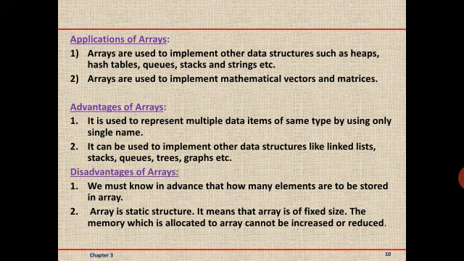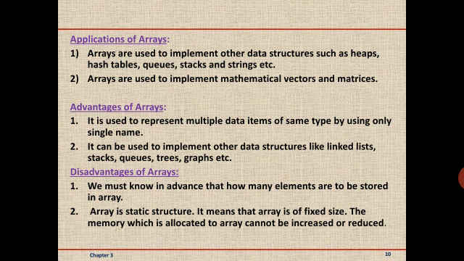There are a few advantages as well as disadvantages of arrays. So let us remember what the disadvantages are. The first disadvantage is we should know in advance how many elements we are storing in the array. As I have told you, while declaring the array, we specify the size of the array. Size means how many elements we are storing in that array.